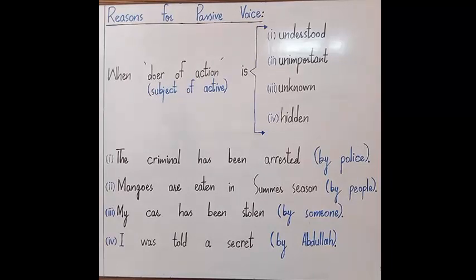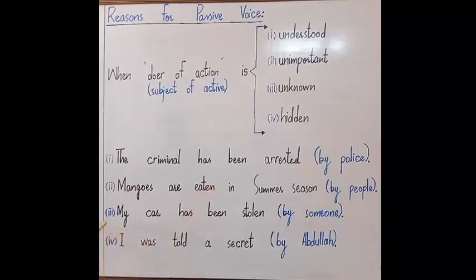Obviously people eat mangoes. Nobody else, like walls, chairs, tables, buildings will eat mango. So it is unimportant to use the subject of this sentence, which is people. Hence we make this sentence into passive voice, mangoes are eaten in summer season. Listener will himself understand, and he knows that people eat mangoes.